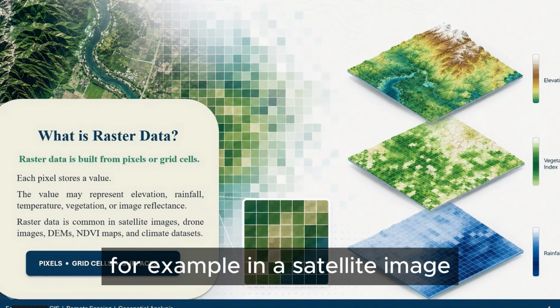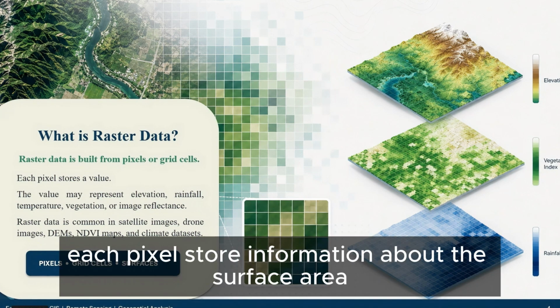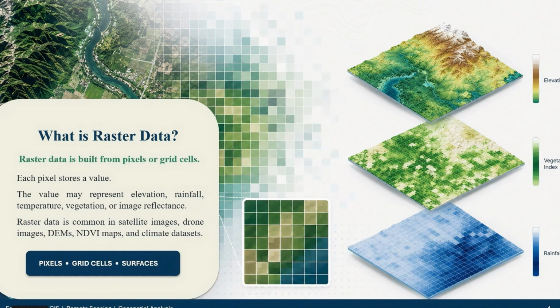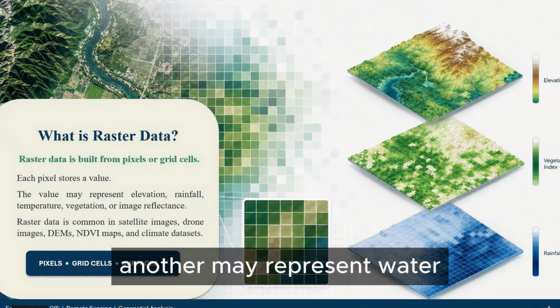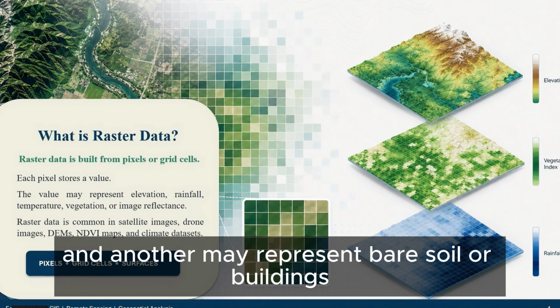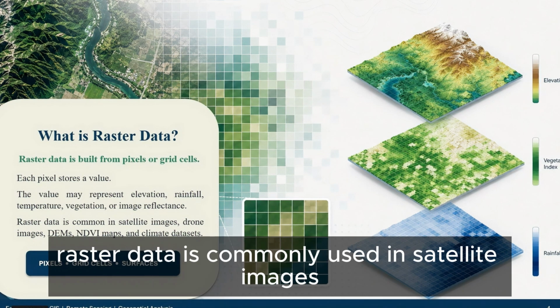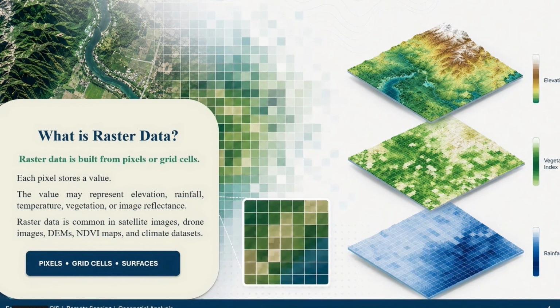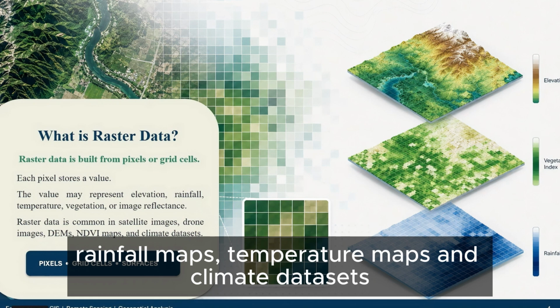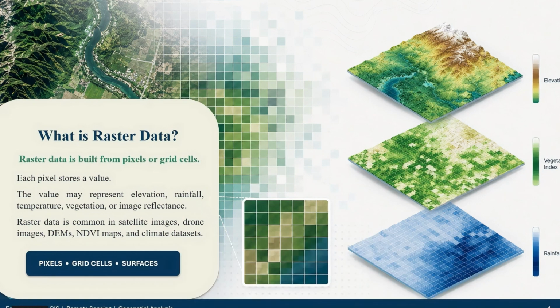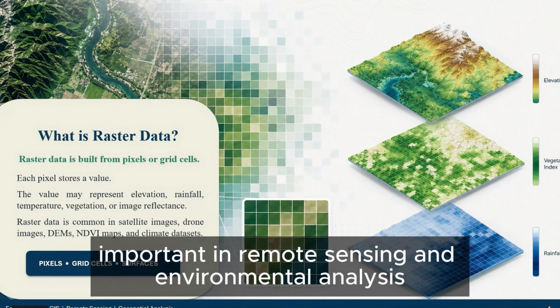For example, in a satellite image, each pixel stores information about the surface area it represents. One pixel may represent vegetation, another may represent water, and another may represent bare soil or buildings. Raster data is commonly used in satellite images, drone images, digital elevation models, rainfall maps, temperature maps, and climate datasets. This makes raster data very important in remote sensing and environmental analysis.